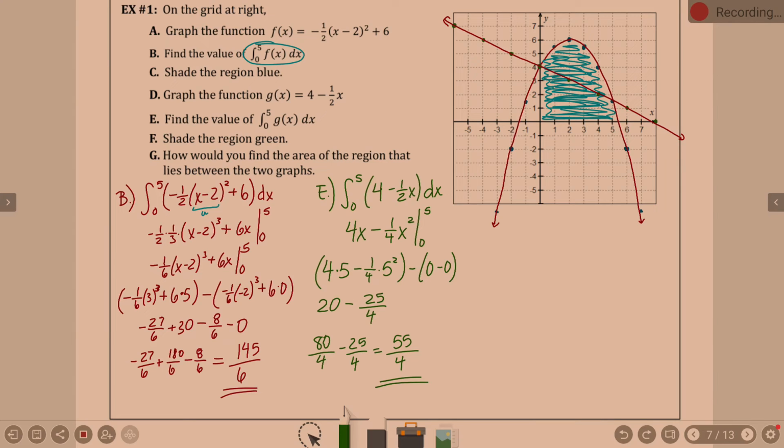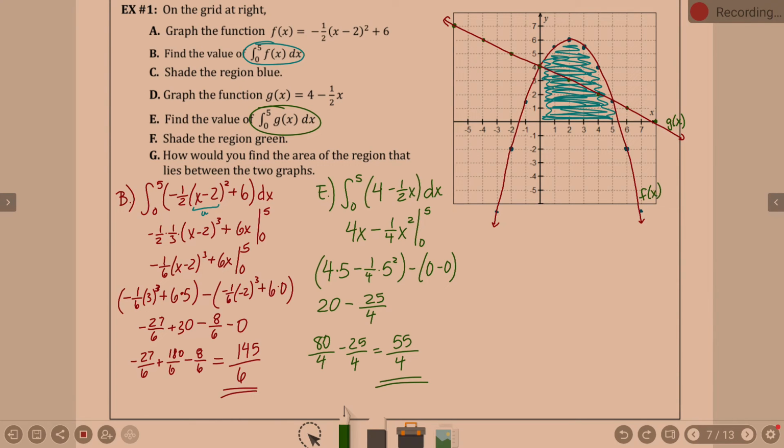Okay. F says shade the region green. So what we're shading green is the integral from 0 to 5 of g of x dx. What is that? Where is that? g of x, of course, being this line. f of x was our parabola, yes?